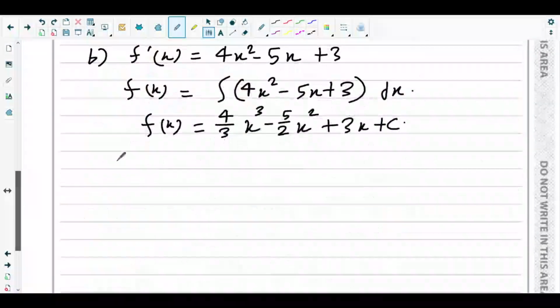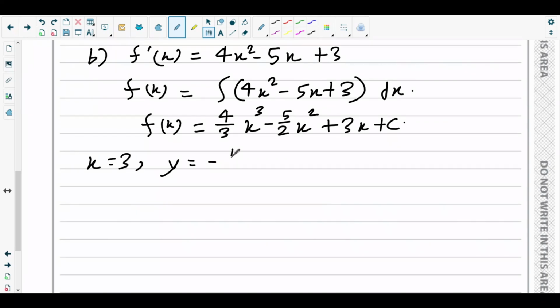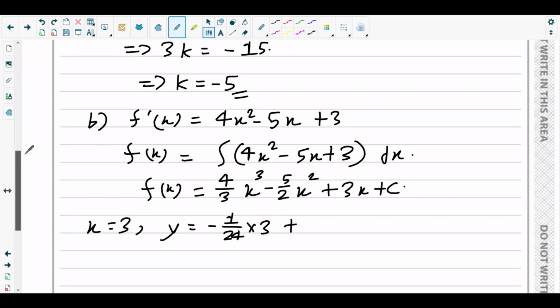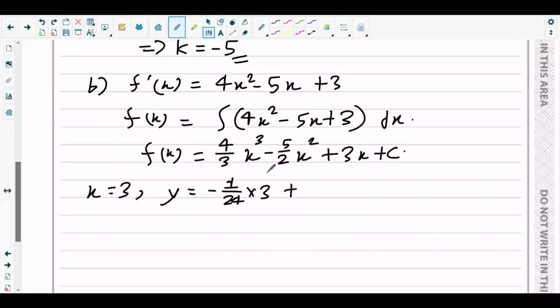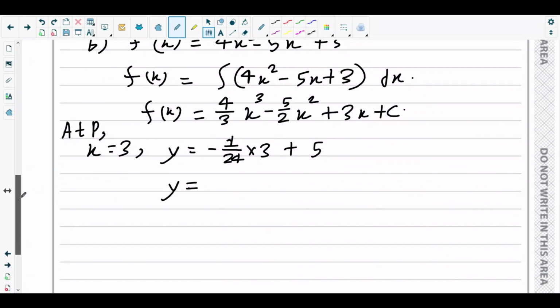So if x equals 3, then y is negative 1/24 times 3 plus 5. Negative 1/8 plus 5 gives 39/8.